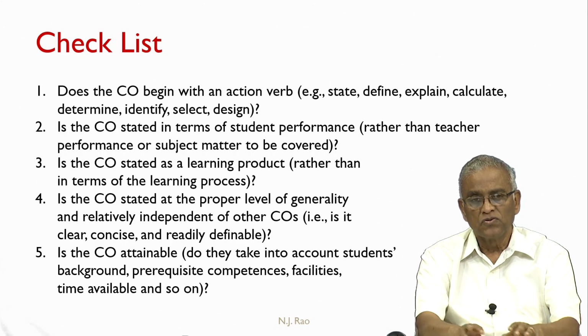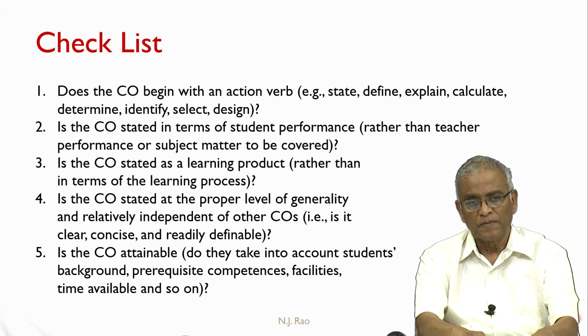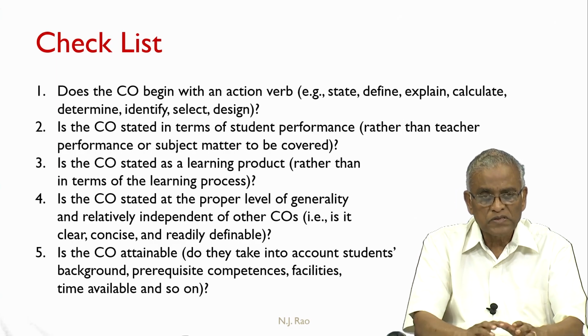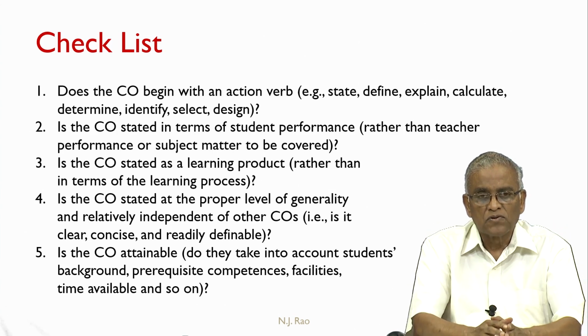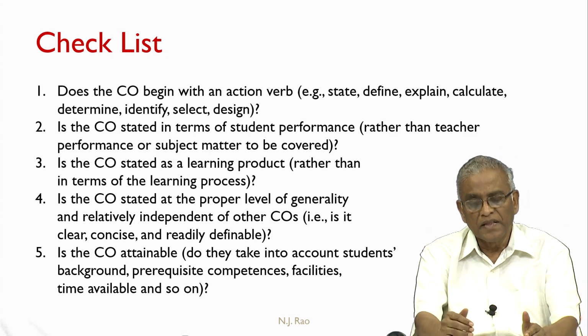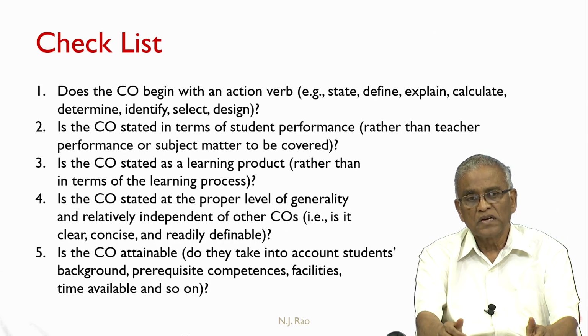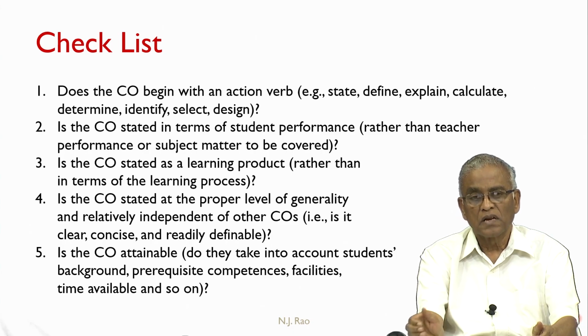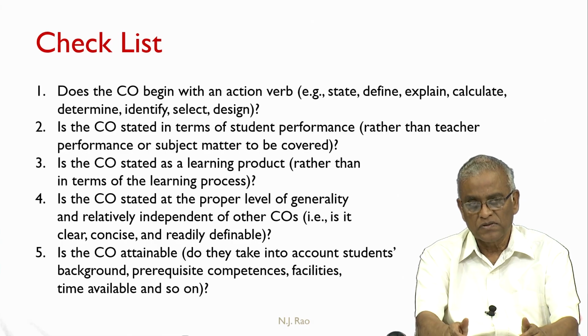But what exactly should the student be able to do? So the first part of the CO statement should be the learning product, and then if you want, you can state the learning process, which may get translated, as we stated, into a condition under which the learning product has to be produced.